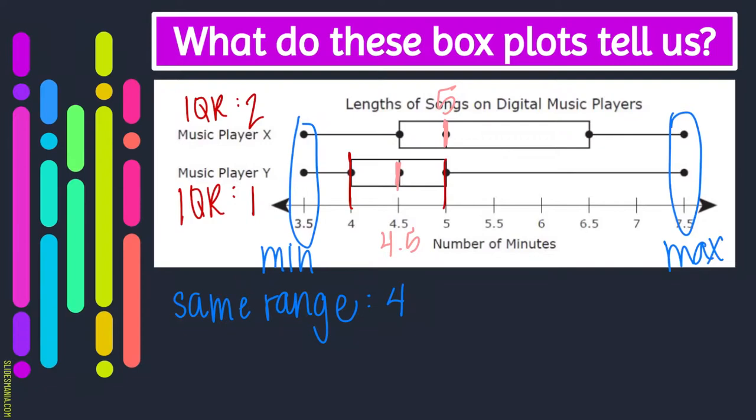So while they have the same range, so their minutes go from the same smallest value to the same greatest value, music player Y actually has the most of their songs inside the 4 to 5 minute range, whereas music player X goes all the way from 4.5 to 6.5. So player X has more variability. And variability means it has a greater difference in how spread apart the data is.